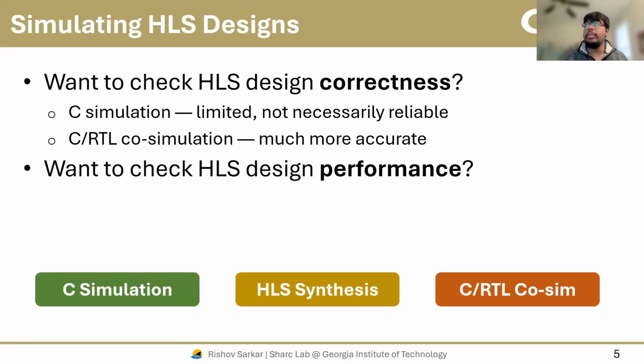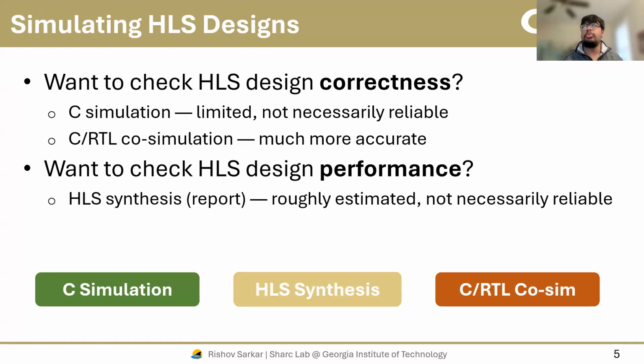And then for the performance of your HLS design, as I mentioned, the HLS synthesis report will give you rough estimates, but these estimates are from static analysis. So essentially, the Vitis HLS tool is just looking at your HLS code and it's trying to see, okay, this loop looks like it's going to run this many times, or you've specified this loop will run this many times, and so it just multiplies how long that loop is going to take.